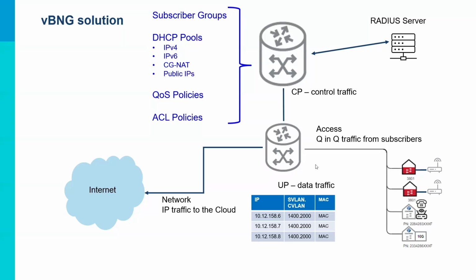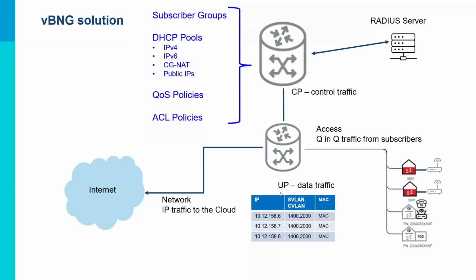And then the user plane takes in layer 2 traffic and sends it out to the internet as IP traffic. So what it does is it looks at the SVLAN on which the subscriber entered the access link of the UP. It uses that SVLAN to determine what subscriber group the user is in.